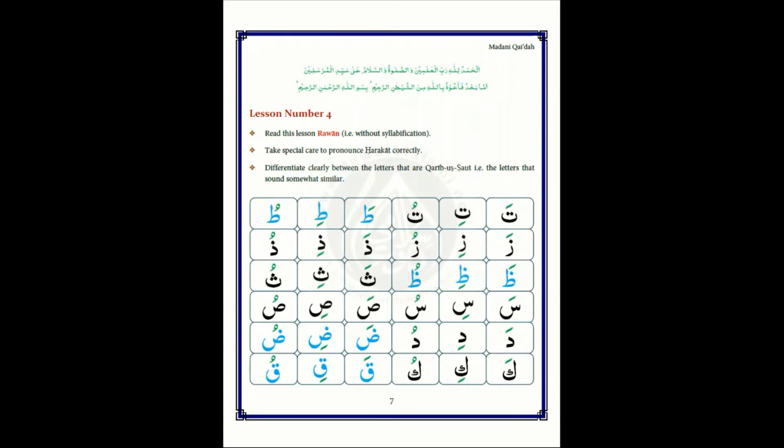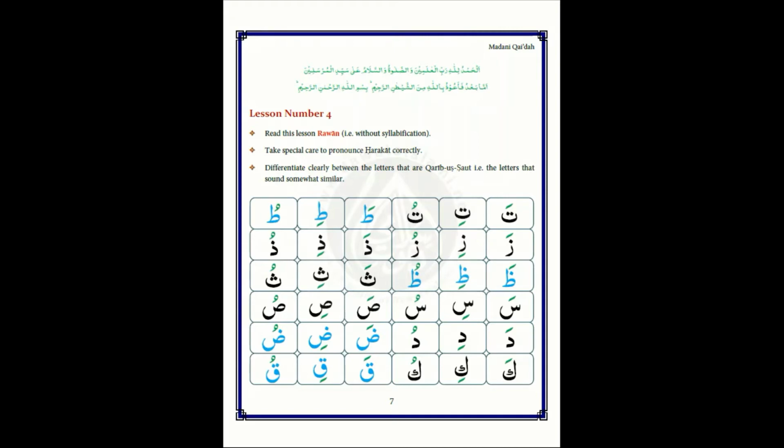Ta zabar ta, ta zer ti, ta pesh tu, ta zabar ta. So you can recognize the blue letters. In lesson number 1, we learned that we have 7 letters out of 29.